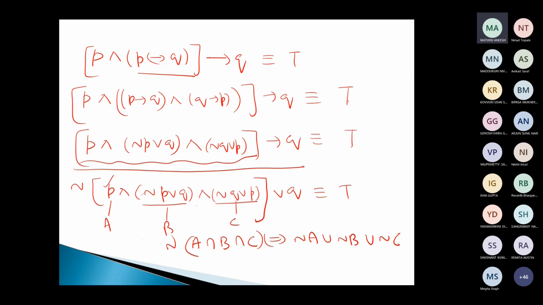Ma'am, in the second step, we have P implies Q and Q implies P, and that is inside the bracket. Okay, no problem. See, that's what I'm treating this as one formula B, and this is one C. This is one A. If you see like this, it is A intersection B intersection C only, right? Okay, ma'am, understood. No confusion.